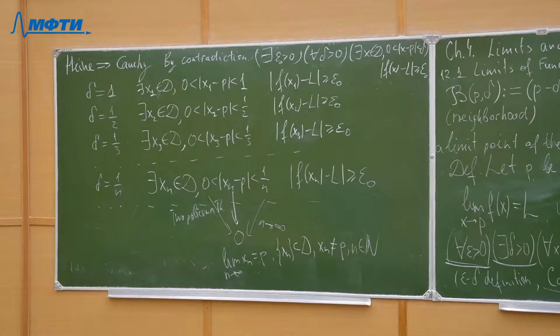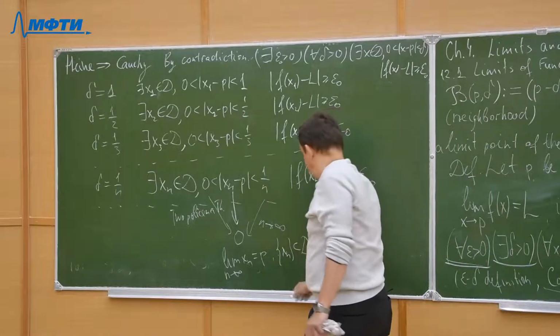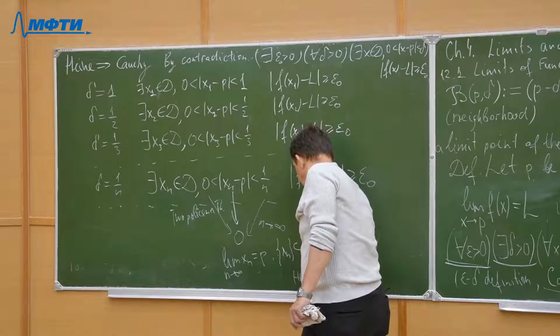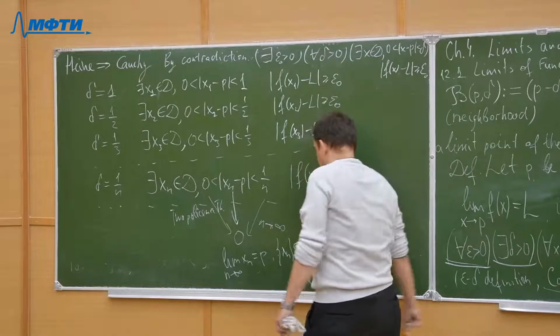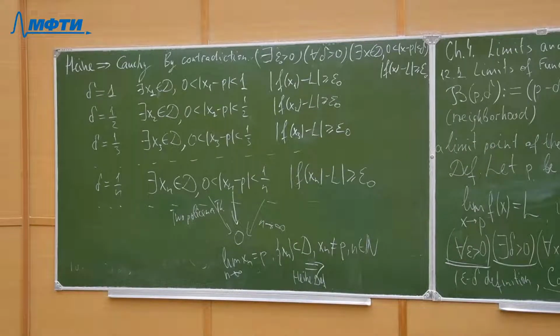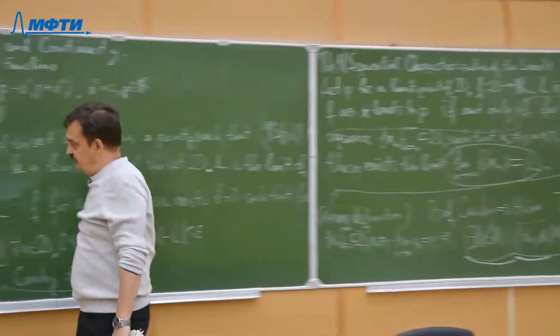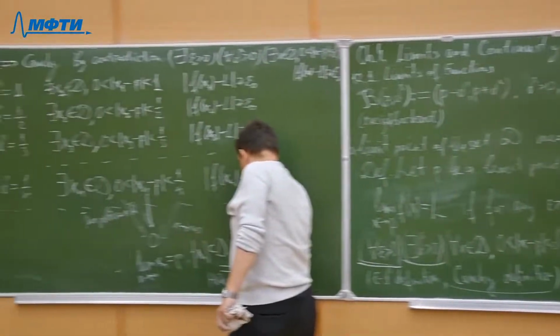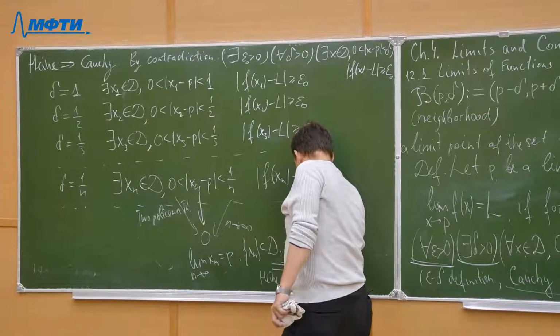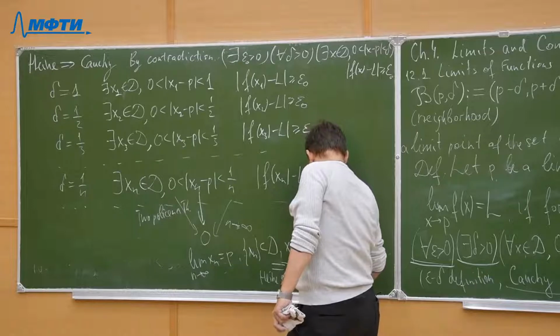Then, by Heine definition, we should deduce, look, we have a sequence xn in D such that xn not equals to p and the limit of xn equals to p. Hence, by the Heine definition, we have limit of f of xn equals to L.